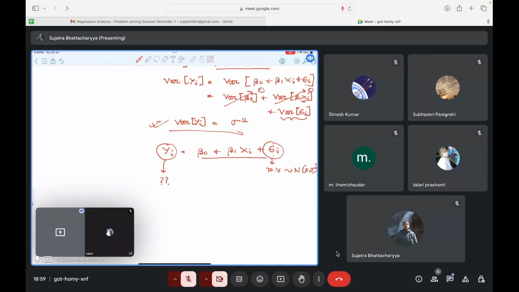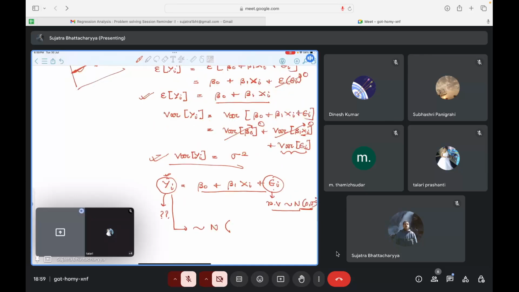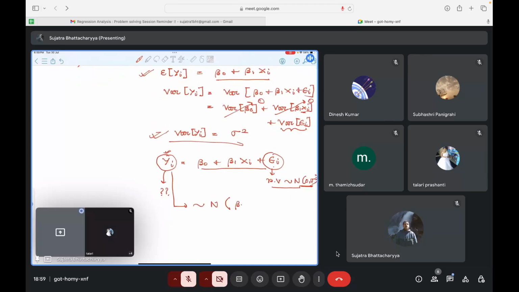See, what I have told you before is being used here. Epsilon i, which is a random variable and has a linear relationship with yi, has a normal distribution, so yi will also have a normal distribution. We have calculated the expectation value of yi, so the mean is beta naught plus beta 1 xi and the variance is sigma square.